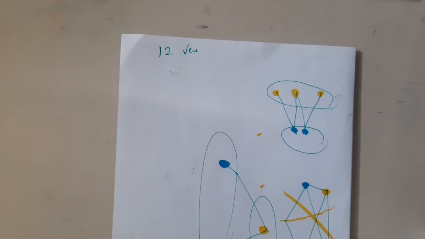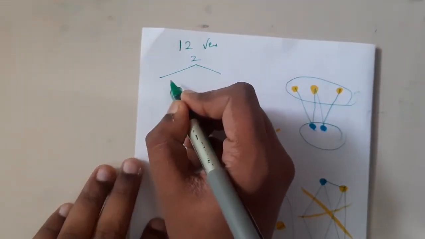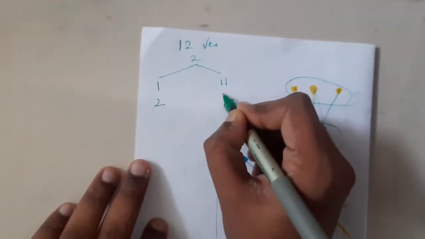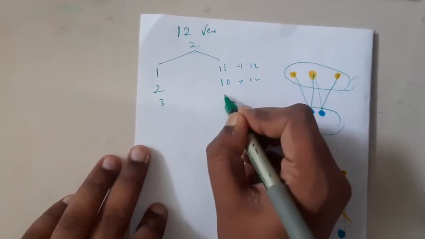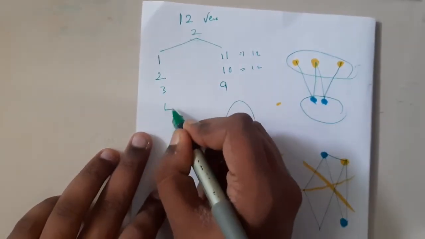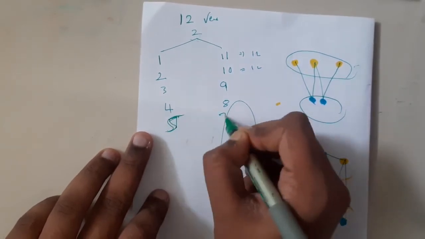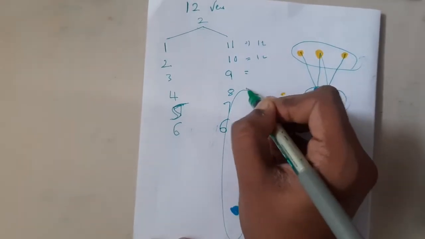What are all the possibilities? In set 1 I'll keep 1, the rest 11 in set 2. Then 2 and 10, in total it should be 12 only, right? 3 means 9, 4 means 8, 5 means 7, 6 means 6. These are all the possibilities, right?